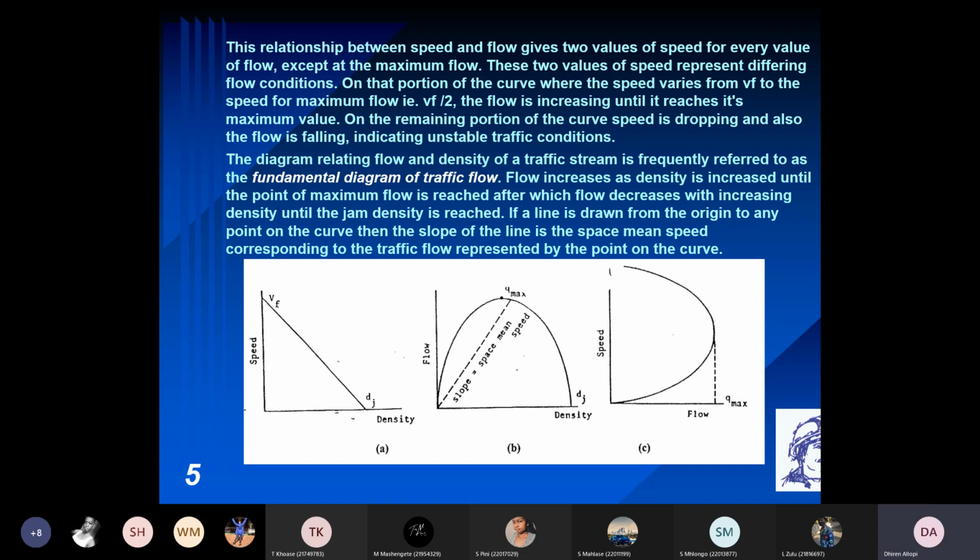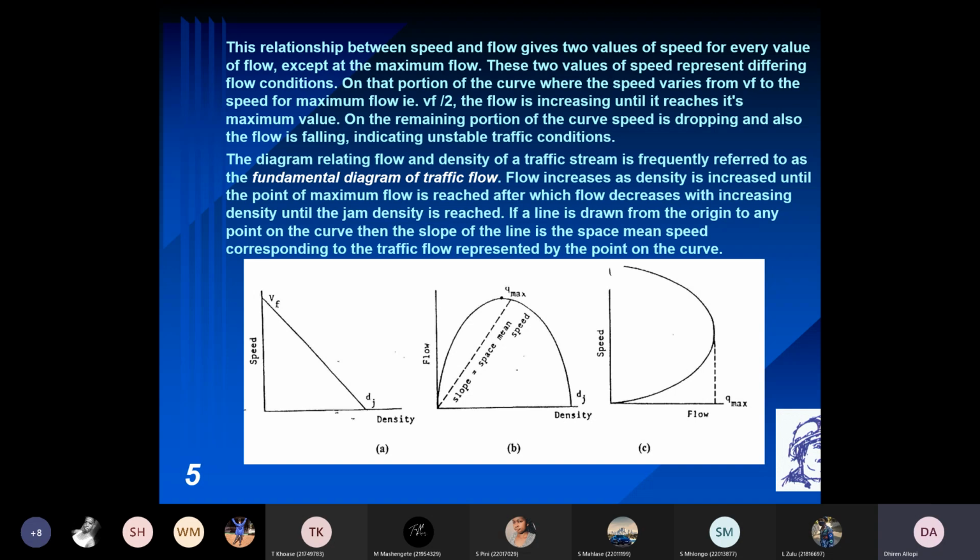Okay, and then if we look at the last graph, which is the speed flow relationship, you can see that's where you obtain your maximum speed, Vf, free speed. And if you look on your flow graph, at the point at your peak, that's where you achieve your maximum flow, Q max.